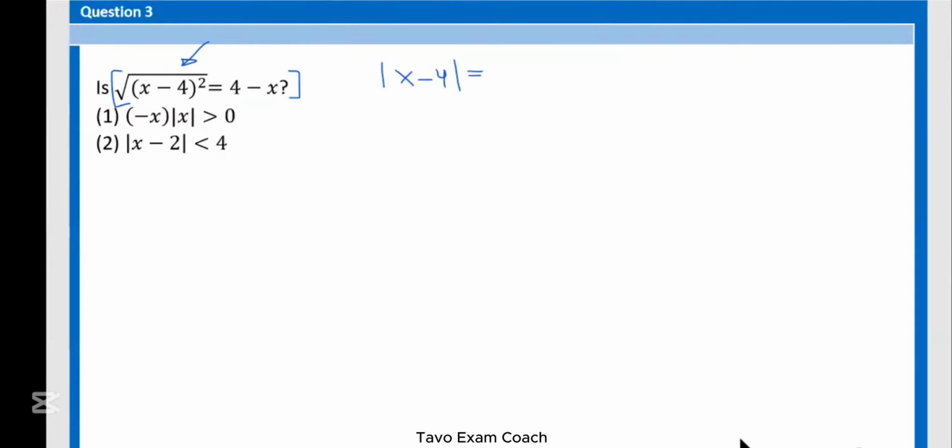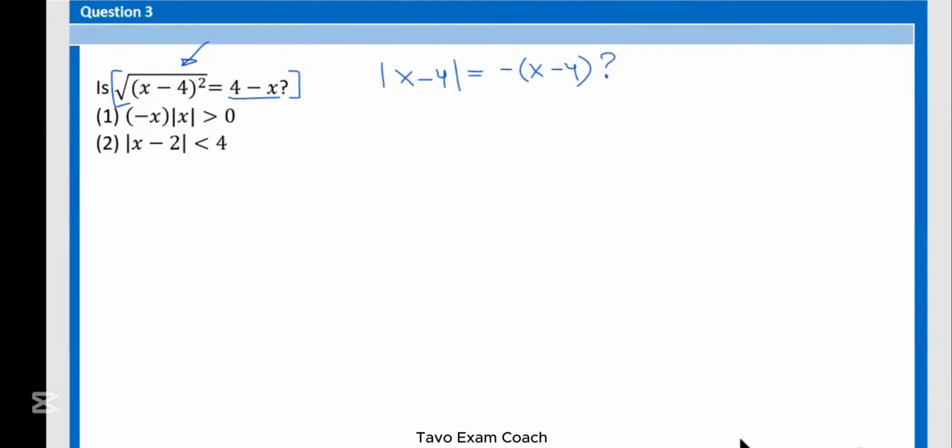And here, 4 minus x can be written as the additive inverse of x minus 4, actually. So, it's as if they were asking us this question. Is the absolute value of x minus 4 the additive inverse of x minus 4?